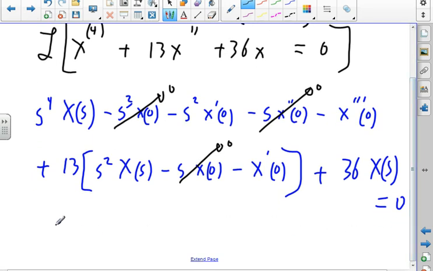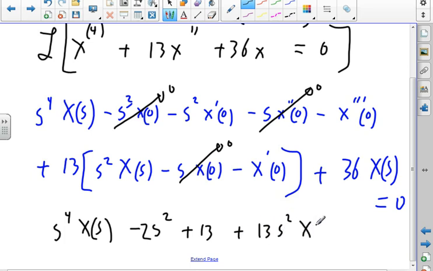So now I've got s to the 4th x of s minus 2s squared, minus 13 for plus 13, plus 13s squared x of s minus 2 times 13, minus 26, plus 36x of s is 0.